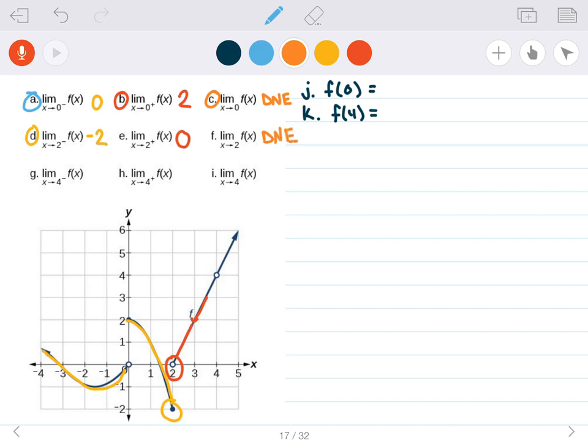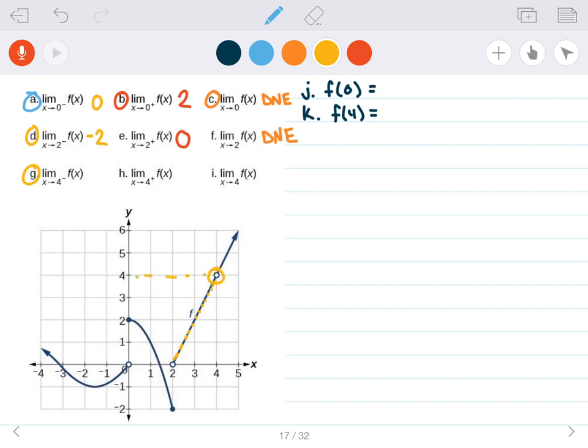Okay, now let's look at the last one, which is 4. So we're trying to see to the left of 4 first. As x approaches 4 from the left, when do we stop? We're going to stop at x equals 4, which is right here. Okay, so what y value is that?